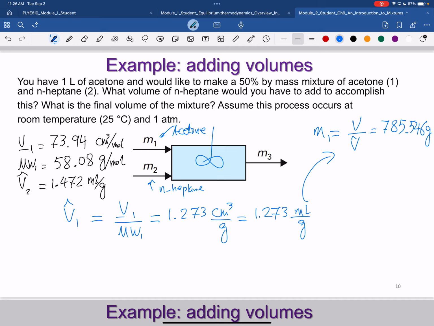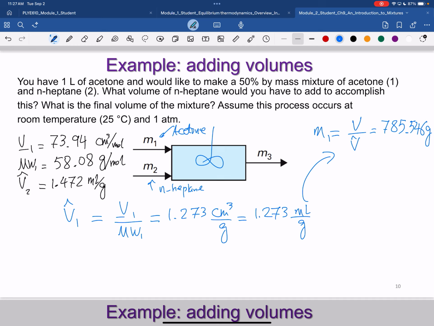What else? Still we don't know how much volume we need for the N-heptane. What do you need here to calculate the volume of N-heptane? The mass of N-heptane.